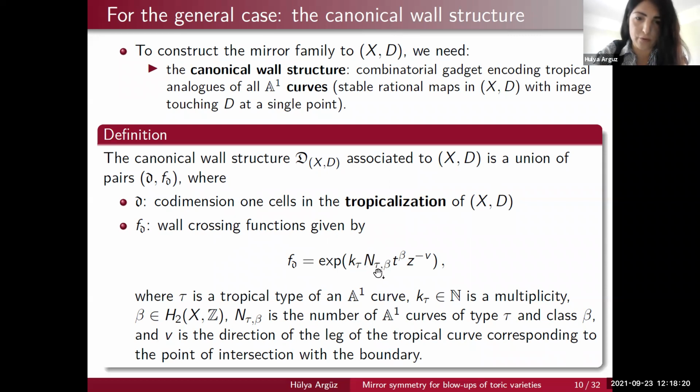This is the number of all A1 curves with tropical type, combinatorial type tau and class beta, which touch the toric boundary at one point with specified contact order, and the contact order is encoded in the data of a vector V in Rn. So this V encodes the contact data. So this is the canonical wall structure consisting of codimension one cones with functions, which I call wall crossing functions, that are defined purely enumeratively.